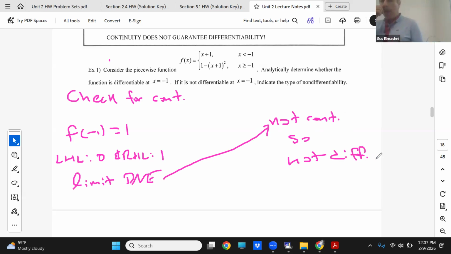So you're not differentiable. I just plugged in negative 1 to both the left and right sides. I should have done it more formally with the limit notation, but if you plug negative 1 into the top and negative 1 into the bottom, they don't link up. So it's not going to be continuous. It just can't happen. So therefore, you're not differentiable. You can't have that either.